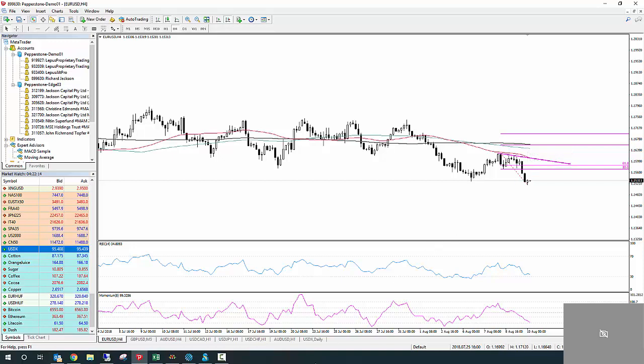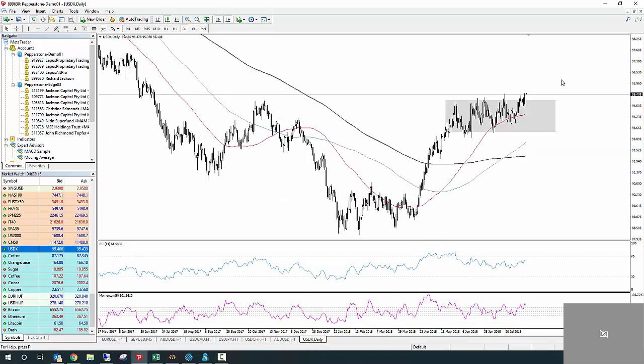But we've got to remember that we've still got the dollar strengthening, so it may be a short-term play. If you want to stand in front of the freight train, it might be a short-term trade.